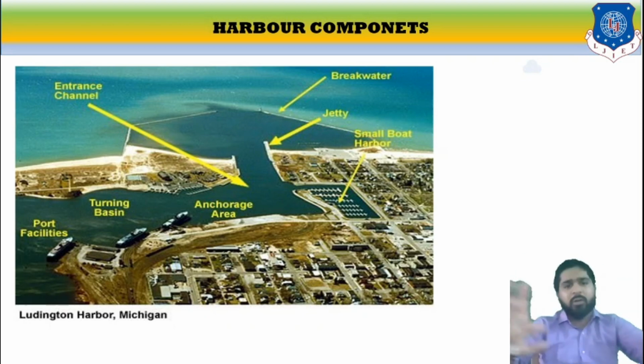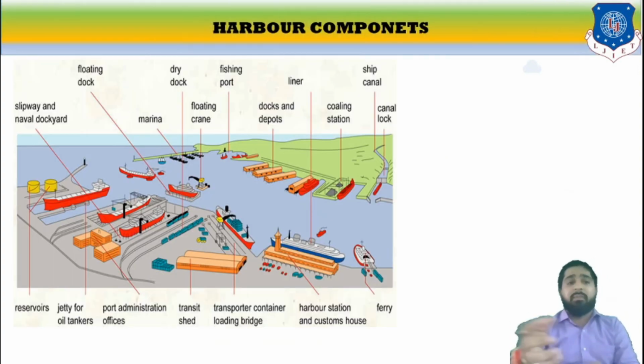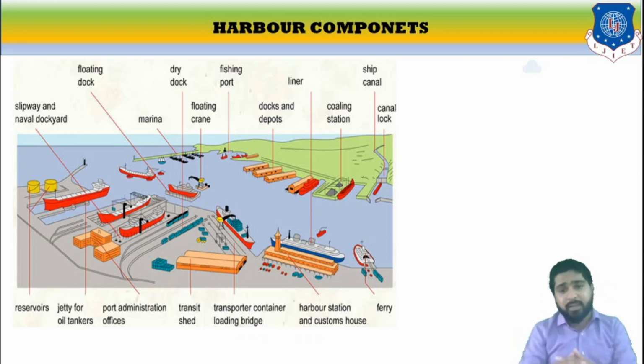If we discuss the harbor components in detail, there are reservoirs, jetty for oil tankers, wet docks, dry docks, fishing port, liners, shipping canals, canal locks, transit stations, and ferry. The availability of these components varies according to the type of harbor provided.